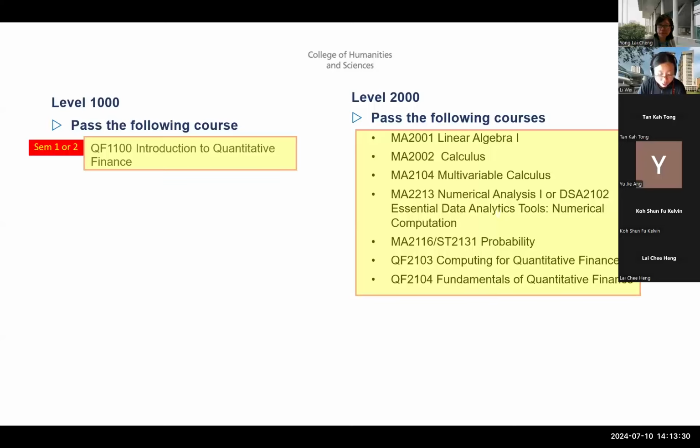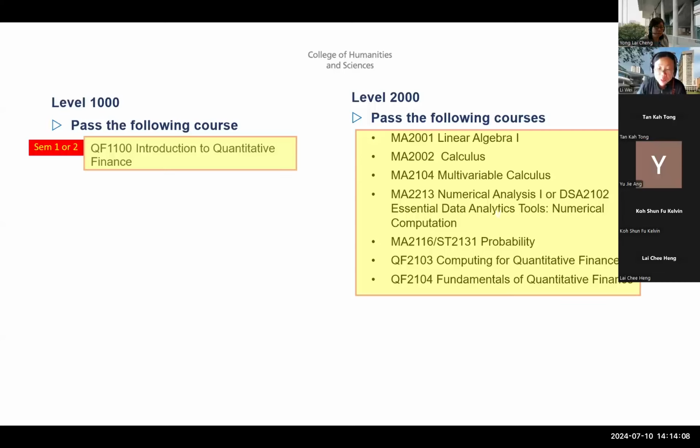After these two foundation math courses, we have three follow-up courses: MA2104, MA2213, and MA2116. MA2104, Multivariable Calculus, you will only read after you complete MA2002 Calculus. Then MA2213, Numerical Analysis 1, or DSA2102, Essential Data Analytic Tools, numerical computation.